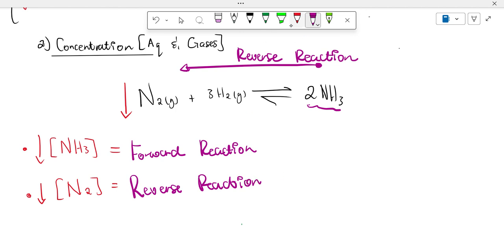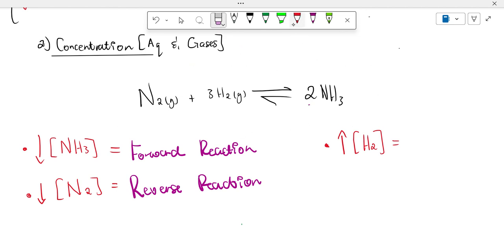Right. Take a final example, ladies and gentlemen. Let's say I increase the concentration of hydrogen gas. When I increase the concentration of hydrogen gas, what happens? Let's think about it. If I increase the concentration of hydrogen gas, I am increasing on the reactant side.